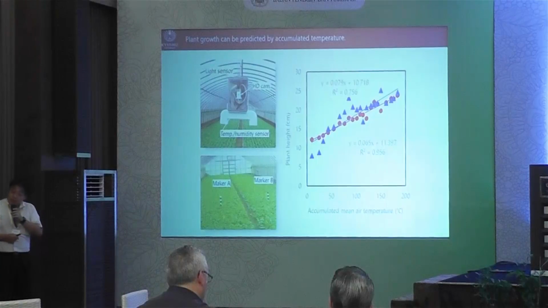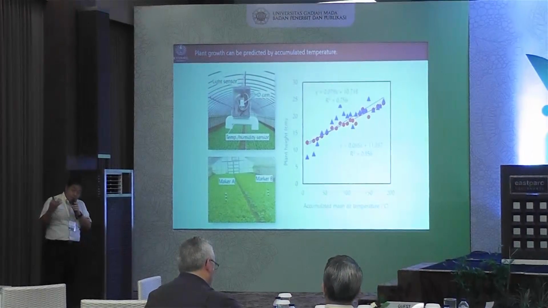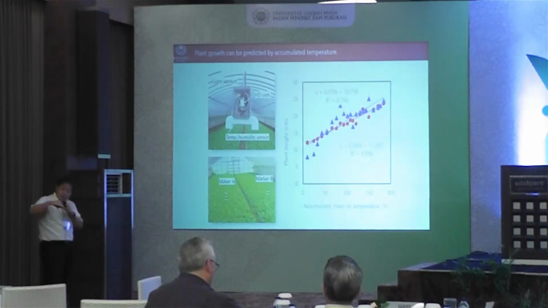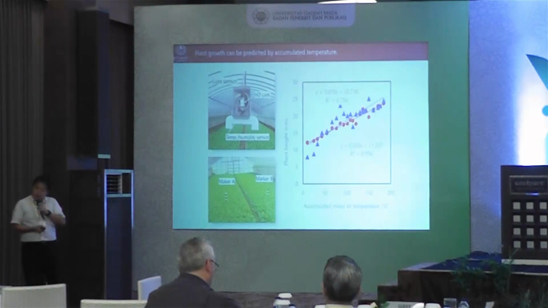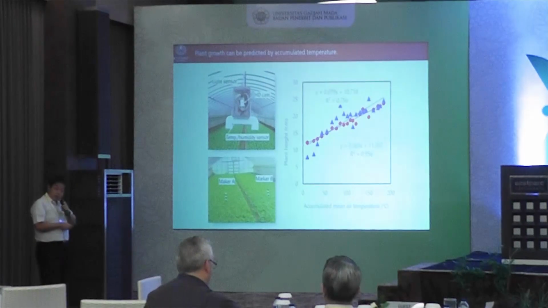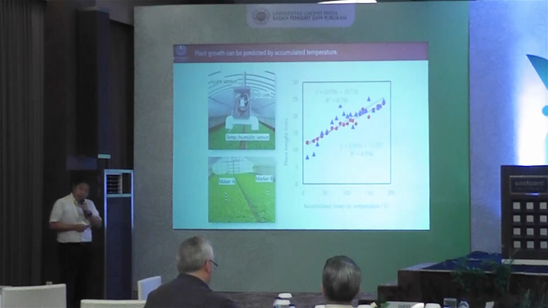By using this sensor monitoring system, you can catch the height of the plant and the air temperature. Accumulated air temperature is very important to forecast the growth of the plant. In this right graph, the horizontal axis is accumulated air temperature, and the vertical axis is plant height.